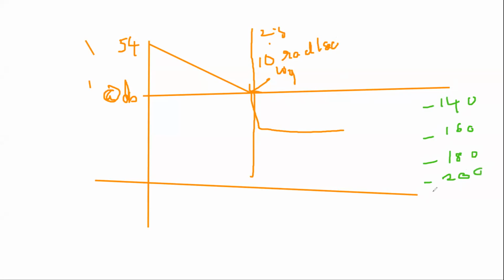Corresponding to each of them, I have vertical lines which are present. Say omega is equal to 0.1, whatever may be the angle, I have to mark it. What was the angle for omega is equal to 0.1? Say minus 98 degrees.